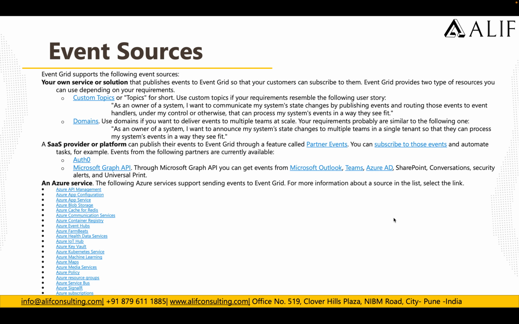Let's talk about the event source. In Event Grid, we have three types of event source. First, the custom topic, or I can say just a topic. Use a custom topic if your requirement resembles the following user story. As an owner of a system, I want to communicate my system state changes by publishing events or route those events to event handlers under my control, or otherwise they can process my system events in a way they see fit.